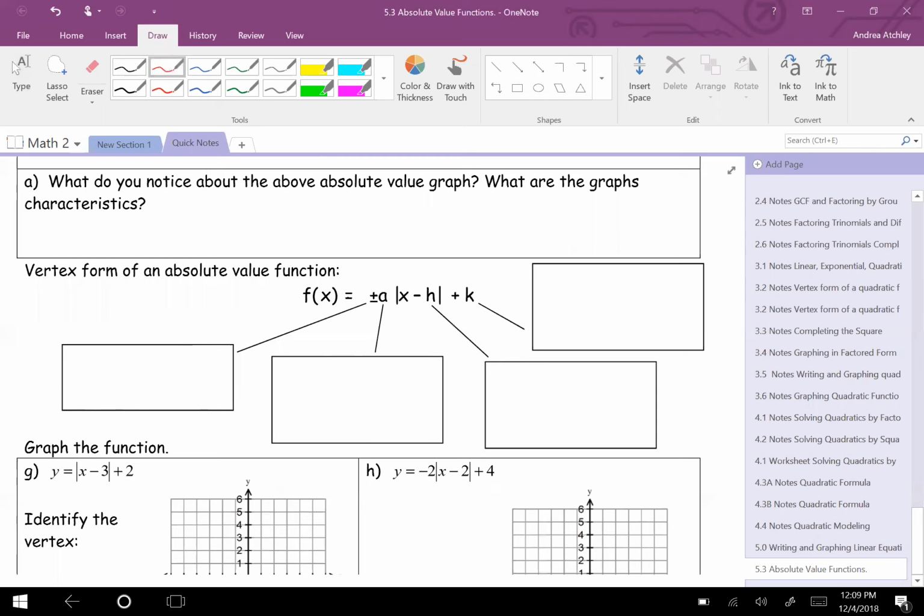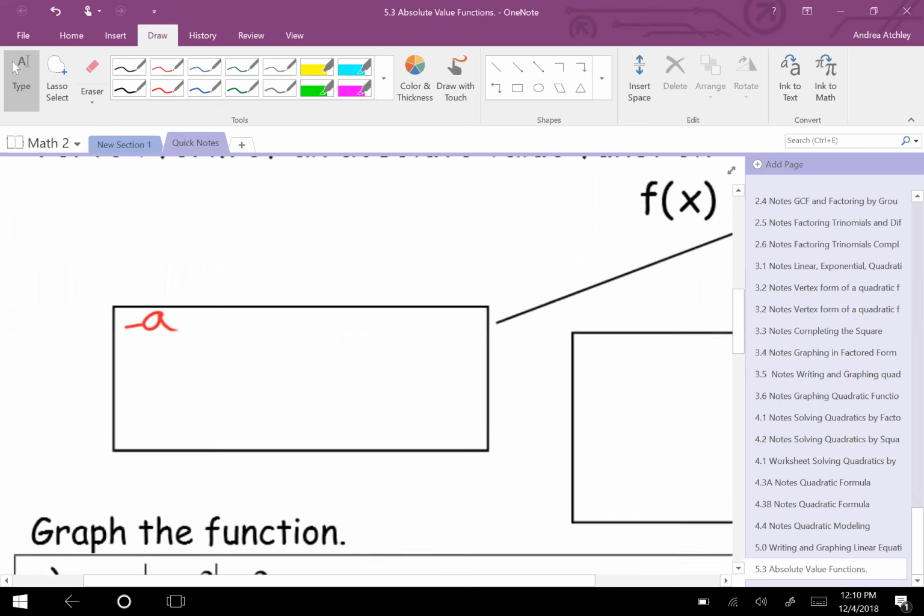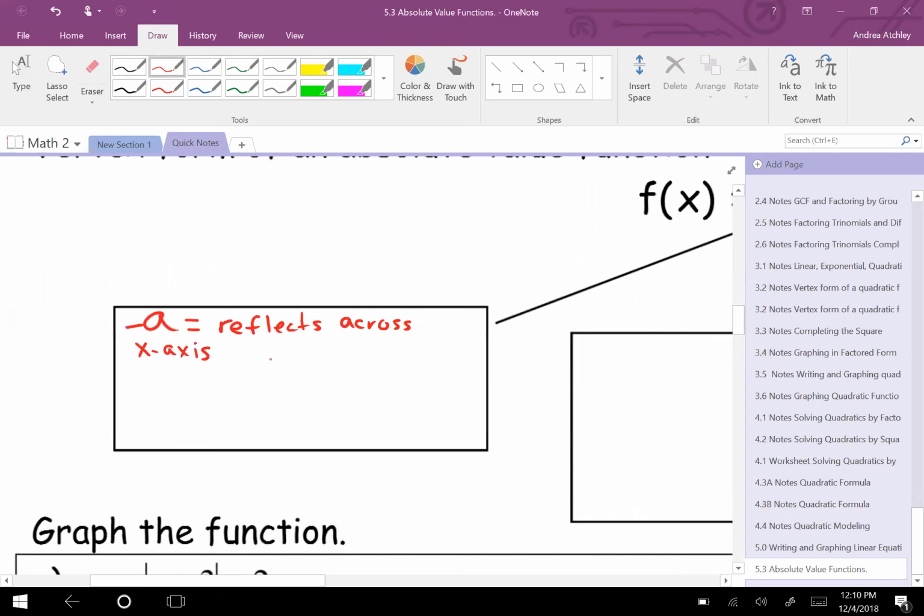So if we remember, if A is negative, then it reflects across the x-axis. Your V will face down.